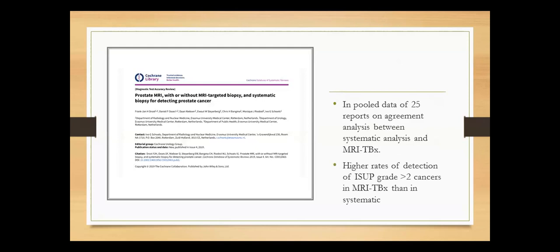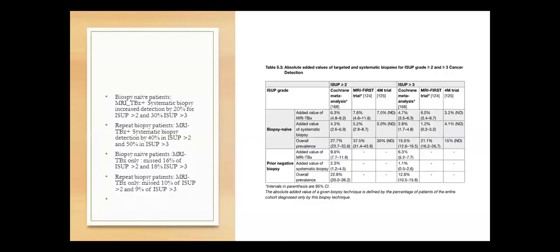And then we have a Cochrane review in which 25 articles were analyzed with regard to systemic biopsy and MRI biopsy. It showed higher rates of detection of ISUP grade 2 lesions in MRI biopsy than in systemic biopsy. So far, evidence is leaning more towards the MRI targeted biopsy.